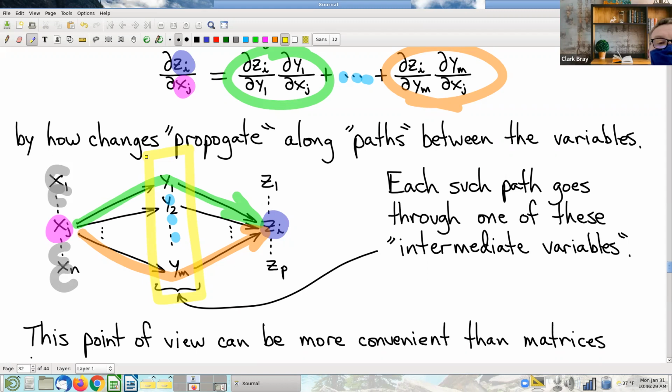So there's what you might call here the y1 term that goes through y1, et cetera, and then this, you might call the ym term that goes through this variable ym. And you can just write it down. You can just see it directly from your sort of roadmap of variables. It's very handy.